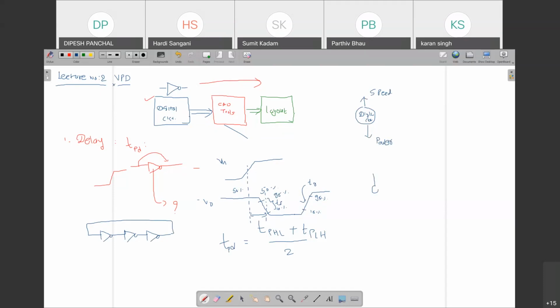Can you define the function of this circuit? What is the name of this circuit? Or let me ask, what is the power dissipation of this circuit?